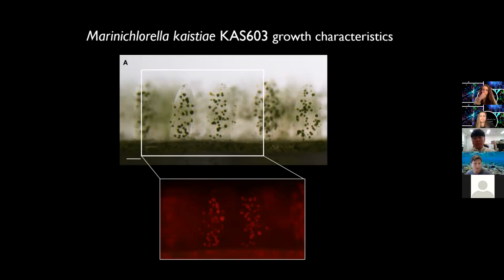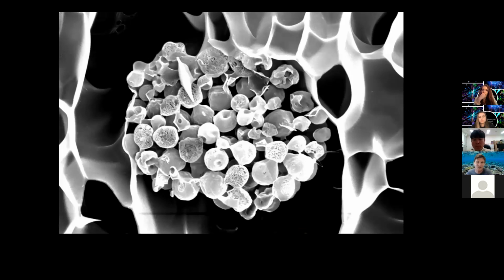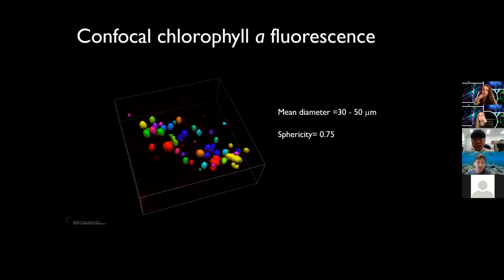They're healthy, they're living over a time period of about 2 weeks. You can see the GelMA scaffold and these cells that grow as aggregates like grape-like structures, basically. So you have aggregates that are about, so here is some confocal, about 30 to 50 micrometer in size, rather spherical.